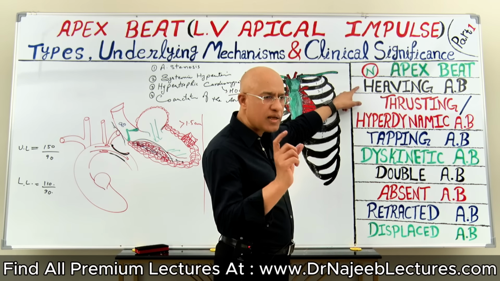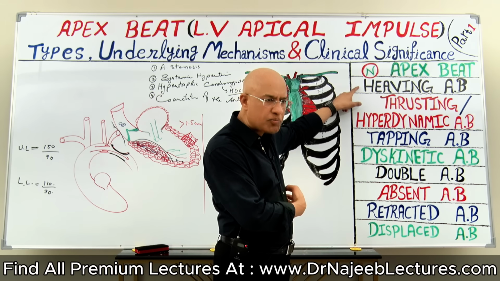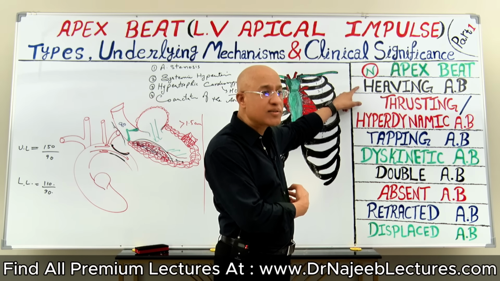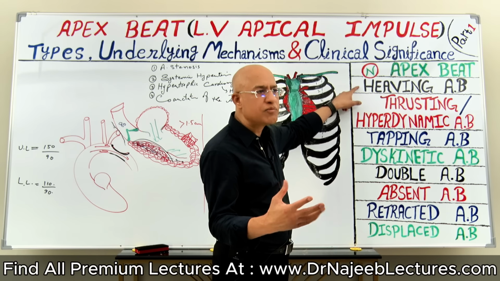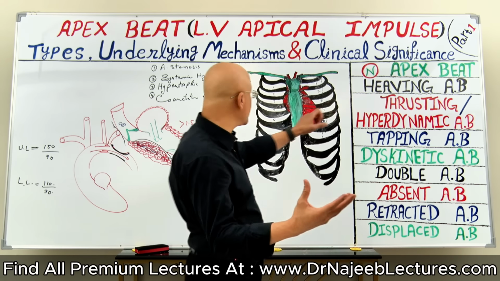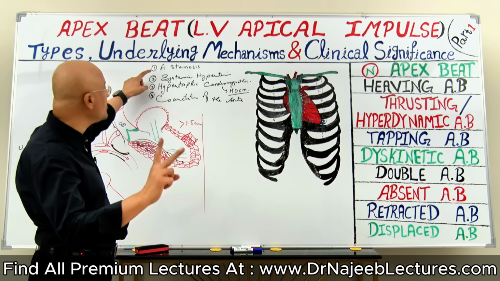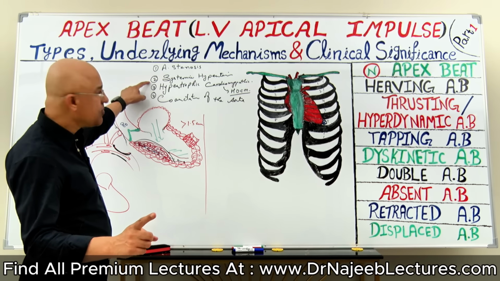Usually the surface area is not significantly large, there is no significant displacement, and the underlying cause is pressure overload on the left ventricle, which becomes hypertrophied. Classical causes you must know, at least two: aortic stenosis and systemic hypertension.